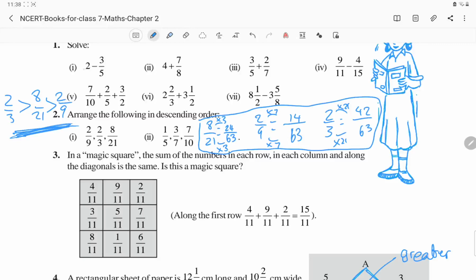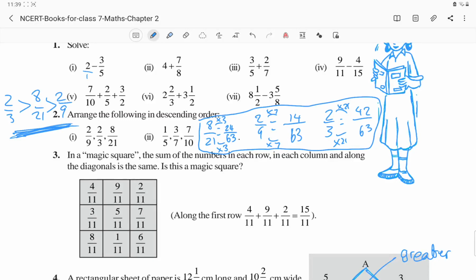So let's do this. A 2 whole 1 also means 2 by 1. So if you ever see a 2 whole 1, try and put a by 1 underneath it so it's a bit easier for you.